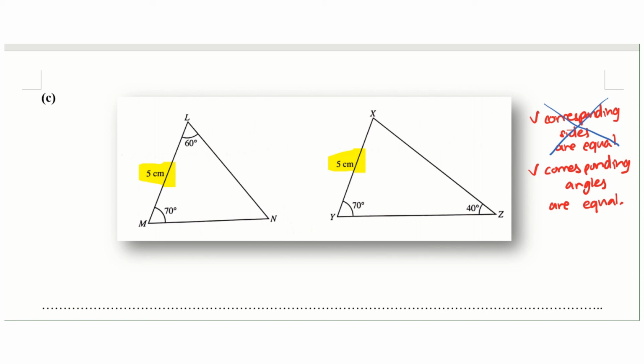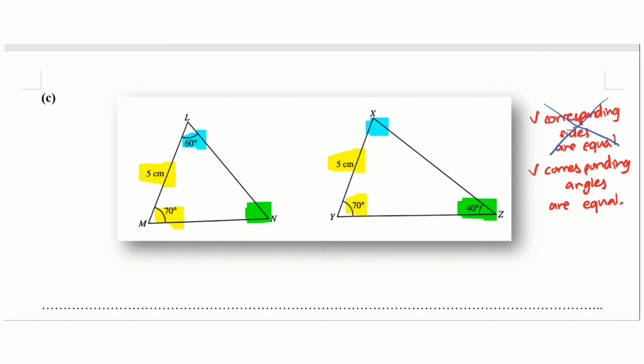When it comes to the corresponding angles, we have 70 degrees here, 70 degrees here. Seems like there is a chance that the corresponding angles are going to be equal. Then we check 60 degrees, but we don't have this information. And we have this 40 degrees over here, but we don't have this information.